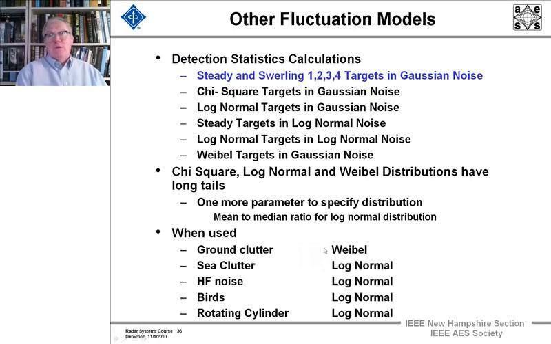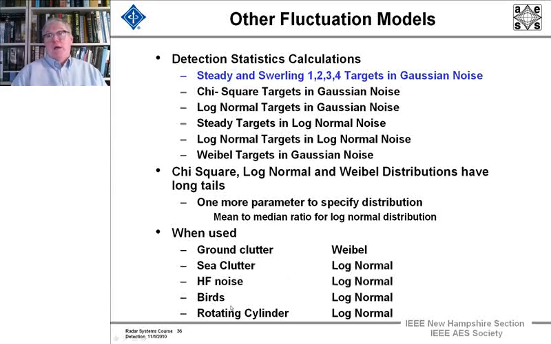And in his book that will be referenced when we talk about clutter, he uses the Weibull distribution. Sea clutter, which is background, can be characterized by a log normal distribution quite nicely. Jerry Trunk at NRL spotted that years ago. HF noise is log normally distributed.